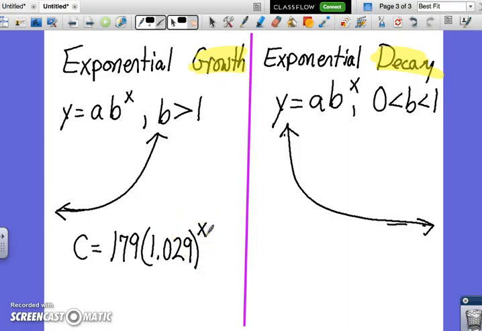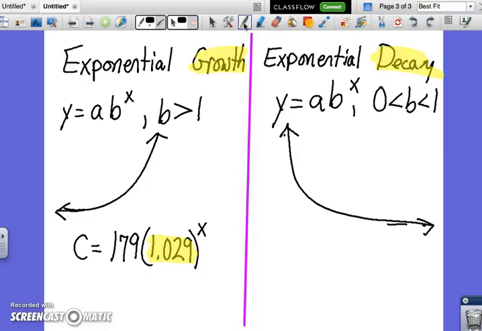Notice when we're examining whether it's a growth or decay, we look at the b term. That's how we tell, even without graphing. Look at that number, 1.029. Is that greater than 1? Yes, it's greater than 1. So this one is exponentially growing. It's increasing.